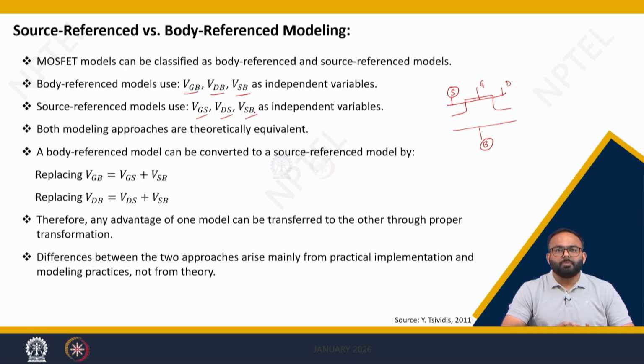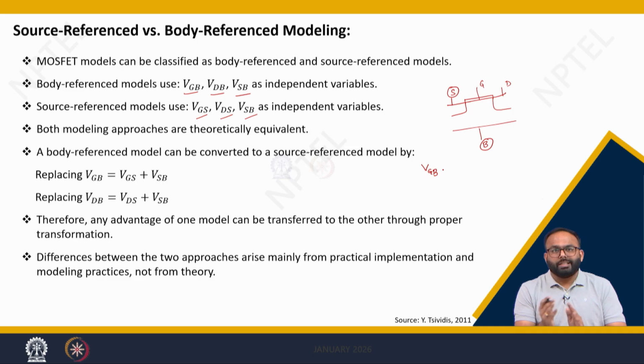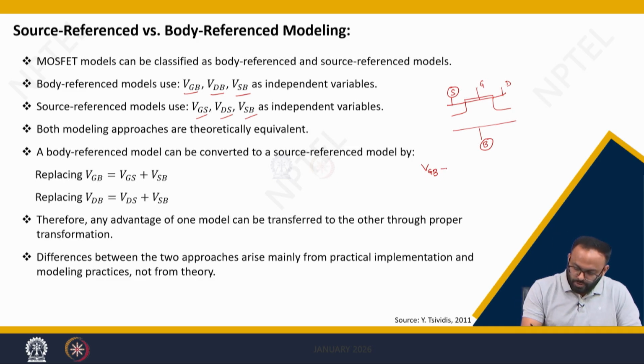It means the difference between the two approaches arises mainly from the practical implementation of these models. It is not about the theory. We also saw one transition, that if I want to represent one reference model in terms of the other, I can use VGB equals VGS plus VSB, or VGS equals VGB minus VSB.